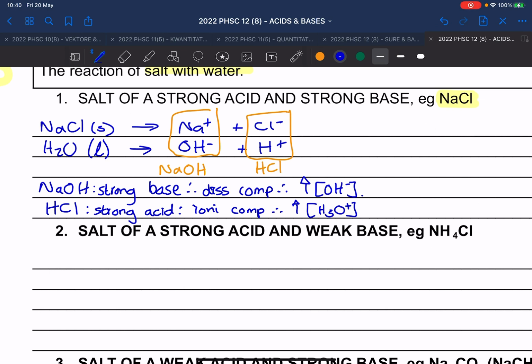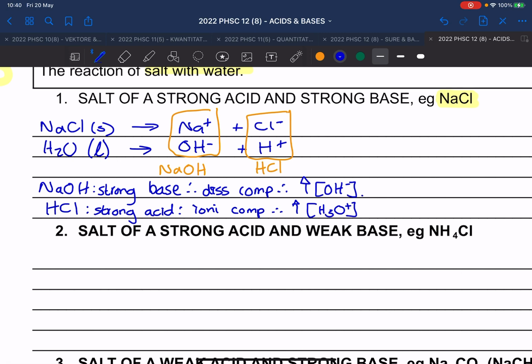Alright. So it is a strong acid which ionizes completely. So what we basically have is these two things here, and they actually won't bond. They will actually split up, so you will have a lot of these ions and a lot of these ions.